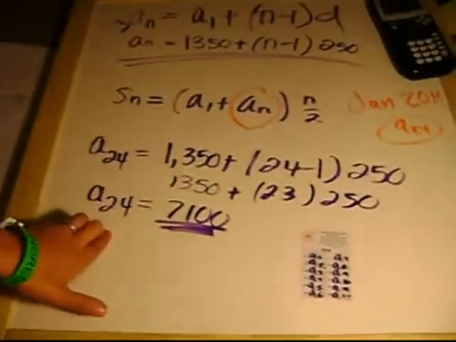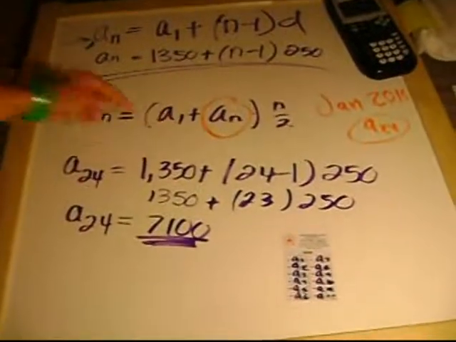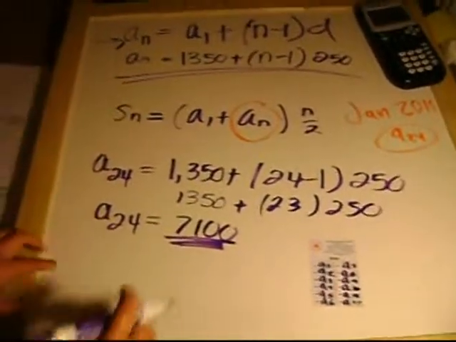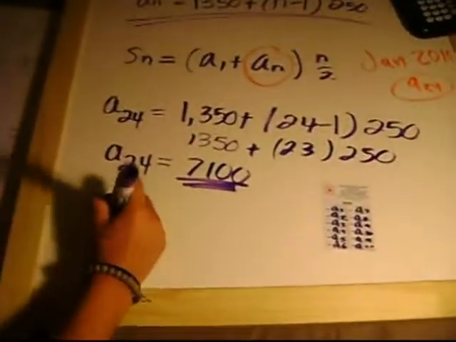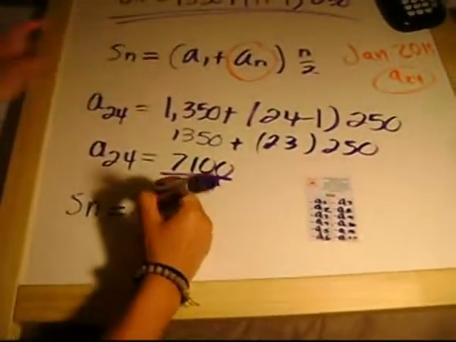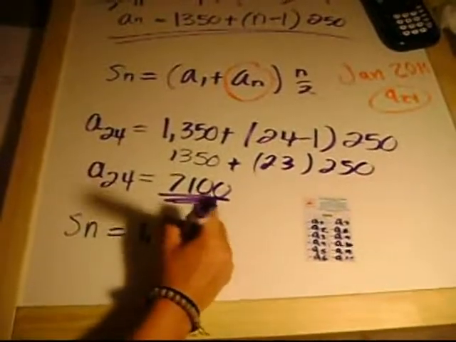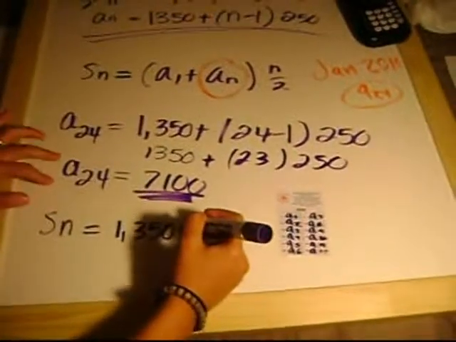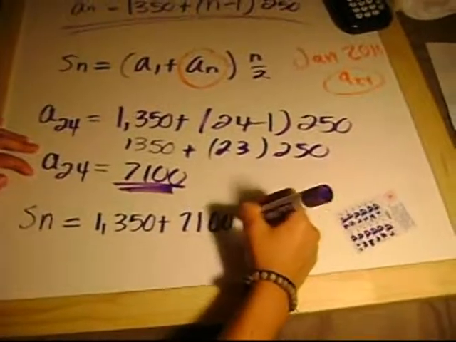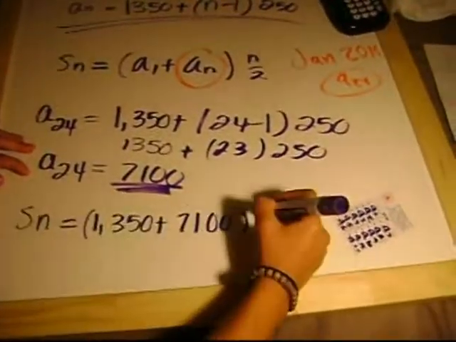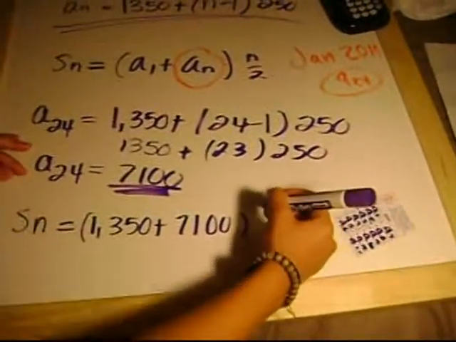Now we have A24, which is our An in our partial sum equation. So then we take this answer and plug it into our equation. So A1 is 1,350. We just found that A24 is 7,100. And we multiply this by 24 over 2.